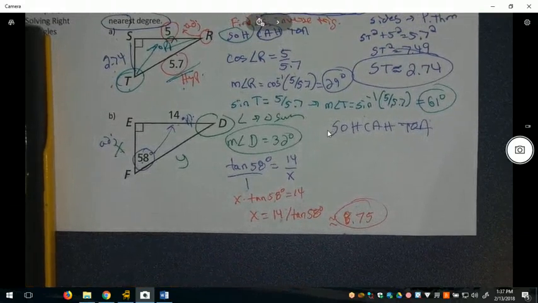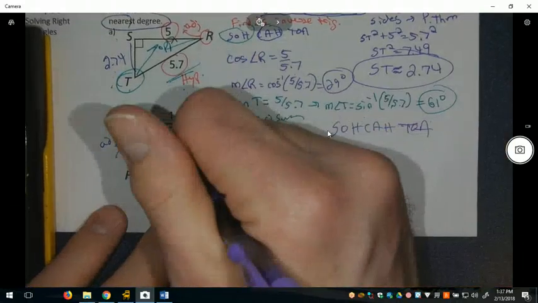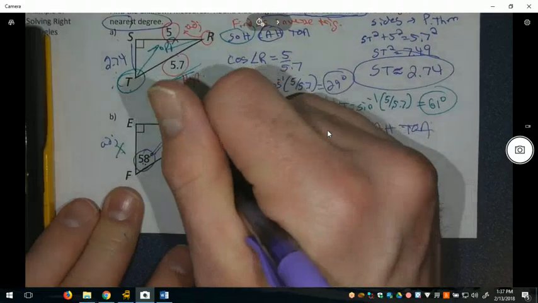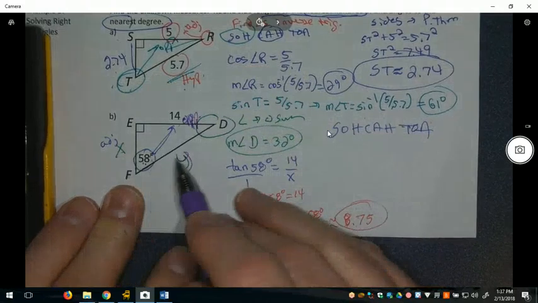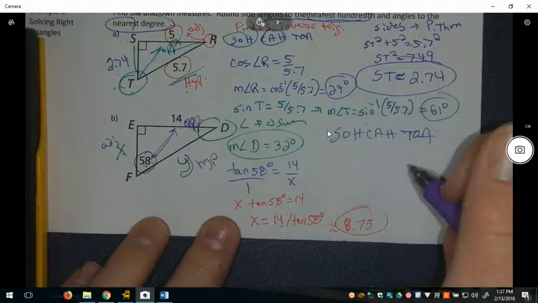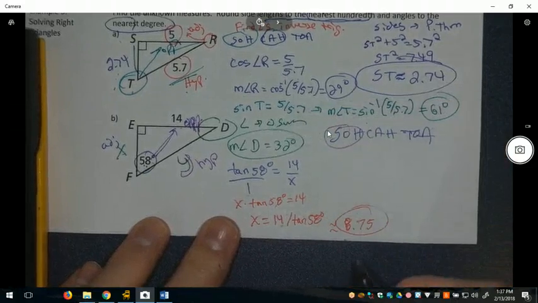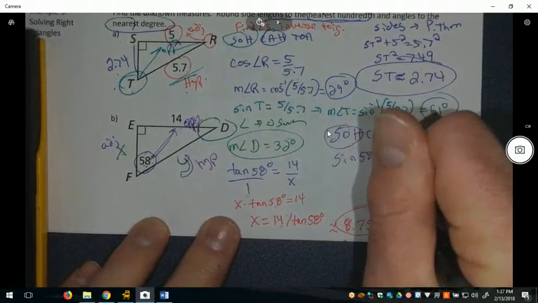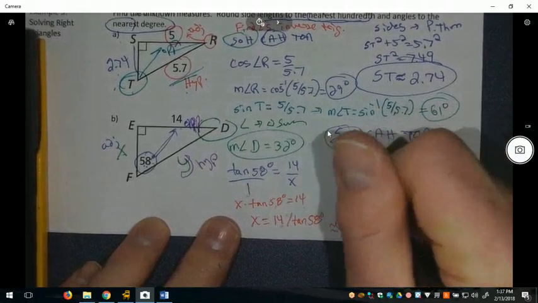The other side that I'm solving for is y. So again, I'm going to use the 58. This is still the opposite of the 58 degrees. The y is the hypotenuse. So opposite and hypotenuse is sine. So I have the sine of 58 degrees equals 14 over y.